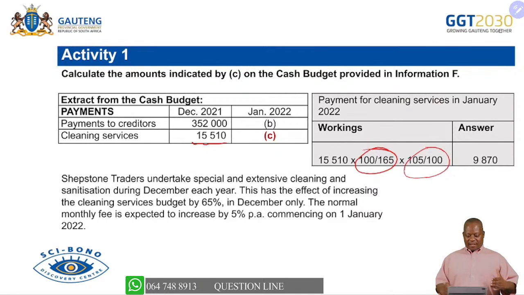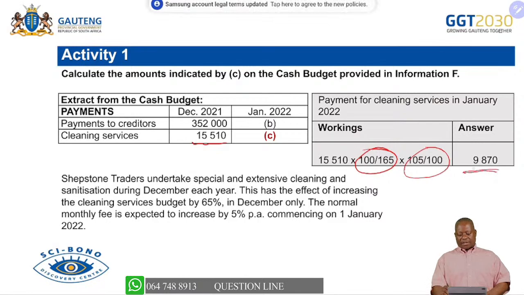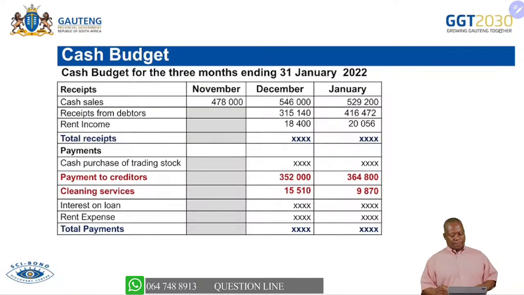Remember, back to normal. How do we take it to normal? Times 100 over 165. And then we increase that by 5%. And this is our result. Right? Let's continue.